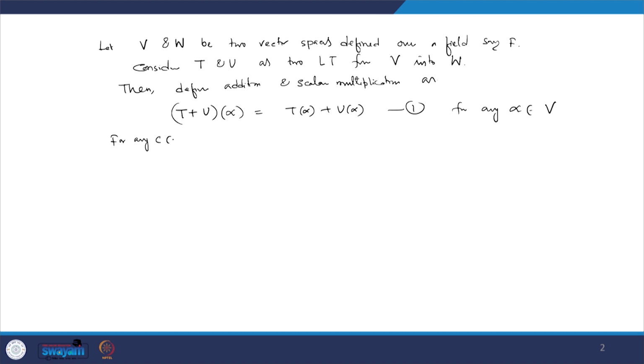Any C belongs to your F, C T alpha I am defining as C times T of alpha. This is some sort of scalar multiplication.